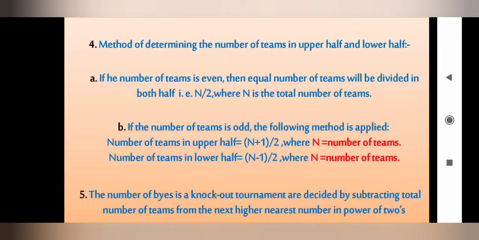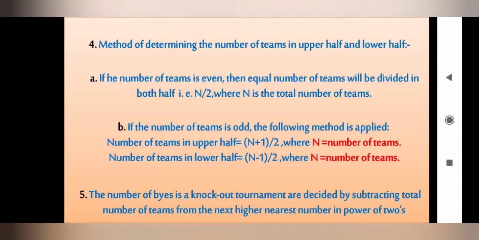Okay, so in the fourth point, the first factor is if the number of teams is even, then an equal number of teams will be divided into both halves. This is important, class. It means with an even number like 10 or 20.